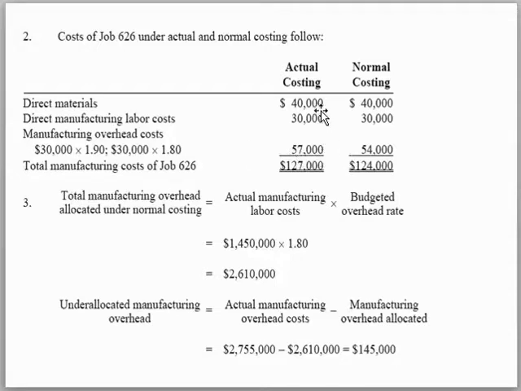By adding direct material, direct labor, and manufacturing overhead costs, it gives us the total manufacturing cost of job 626 under actual costing, 127,000. And in normal costing, adding the direct material, direct labor, and the allocated overhead cost gives us 124,000 as the total manufacturing cost for the job.